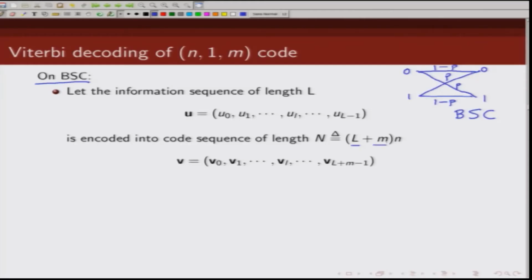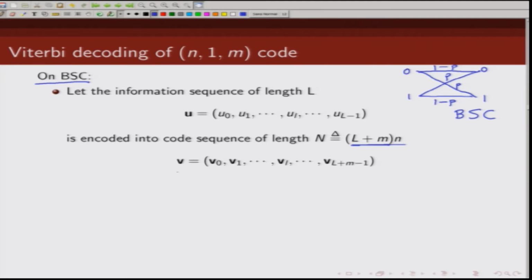So, we require m bits to terminate it, to bring it back to the all 0 state. So, the total number of bits including the tail bits or termination bits will be L plus m, and since it is a rate 1 by n code, the code sequence length will be given by L plus m into n.